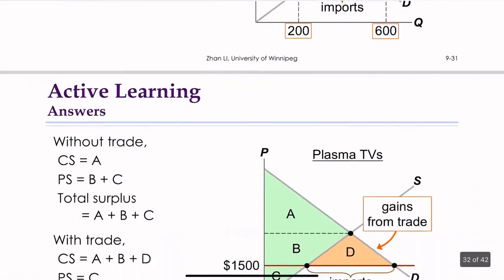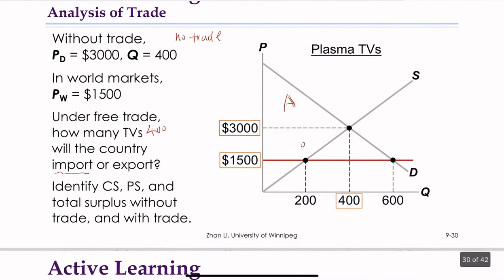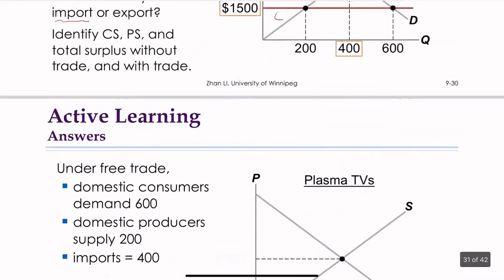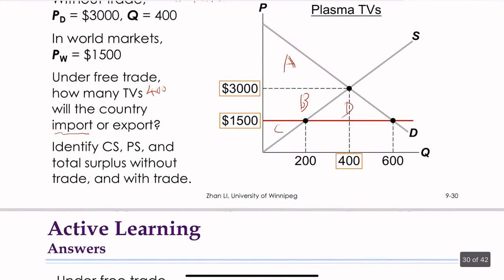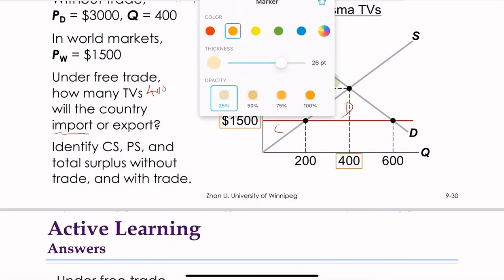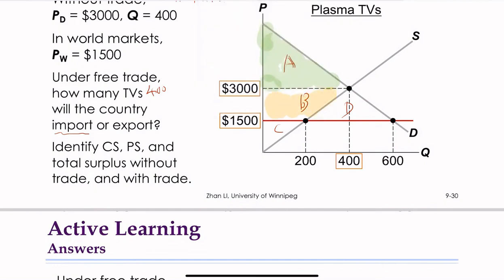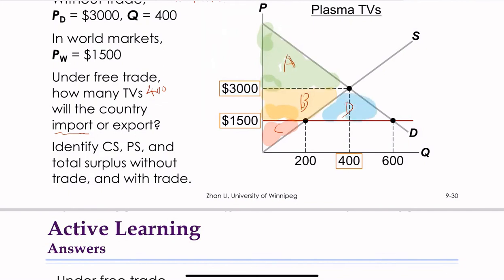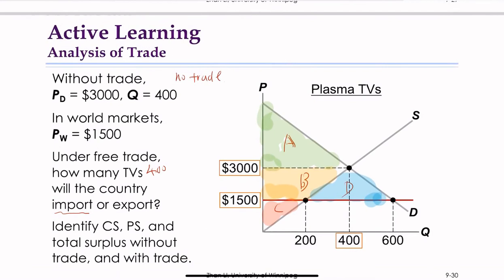Okay, let me follow the answer here. So A, B, C, D. And let me add some colors. So this is A, and this is B, this is C, this is D. Okay, this now becomes very simple, right?